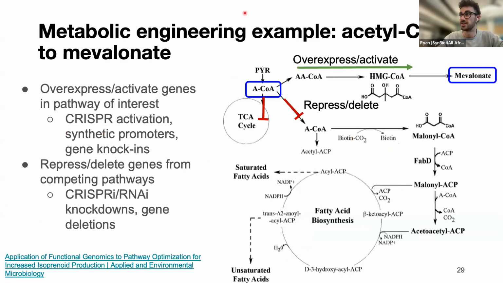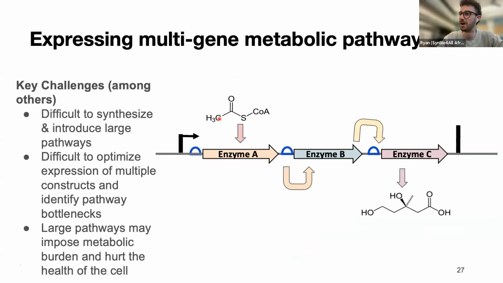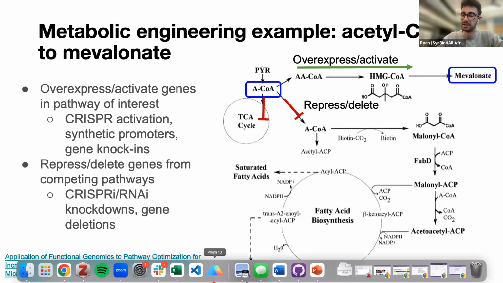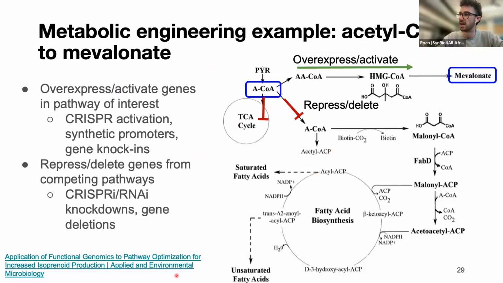So then there's this. So we talked a bit about how you go from acetyl-CoA here to mevalonate here with these three enzymes. And it's really kind of intimidating when you're looking at a full metabolic pathway, but at a base level, this is pretty straightforward.